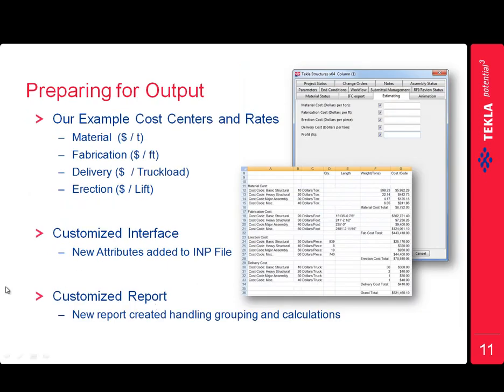The next step, of course, is preparing the output, and there are really three parts to this. Get the cost centers, or the items that you're going to build, like material, fabrication, delivery, erection, profit, tax, you name it, all of that stuff into the interface, or the user-defined attributes, by editing the INP file.